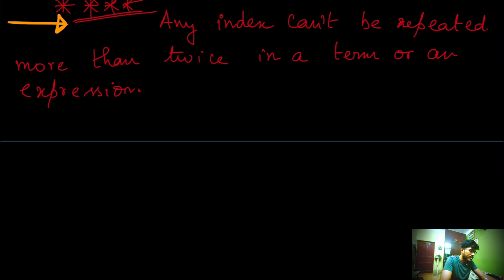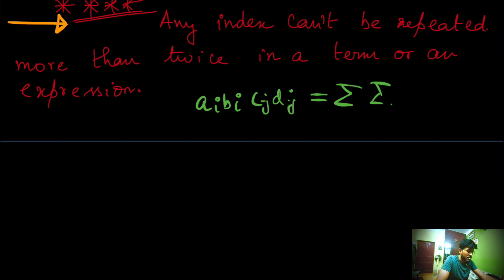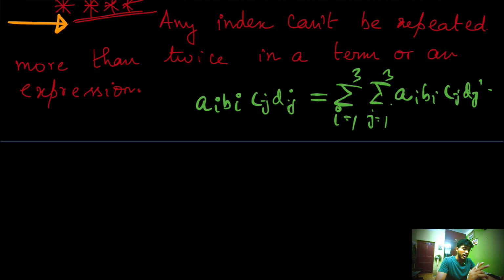So this thing has some meaning, that is, if I am writing AI, BI, CJ, DJ, that means in this expression we have a double summation, over I and over J. Remember, you can have multiple dummy indices, but you cannot have the same index being repeated more than twice.